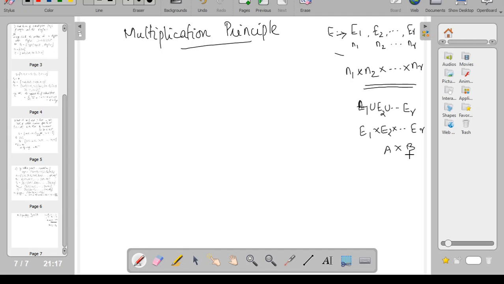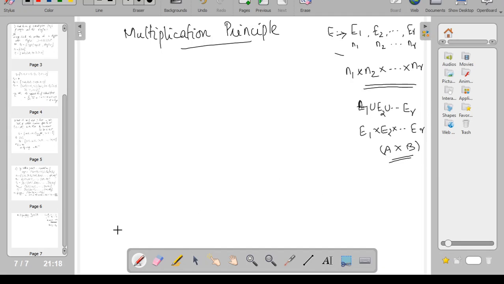When we say Cartesian product A cross B, the first element should always come from A and the second element should come from B. So the product is defined when A must occur and is followed by B. That gives us the number of elements: the number of choices for the first component, then the number of choices for the second component. So that is the multiplication principle.